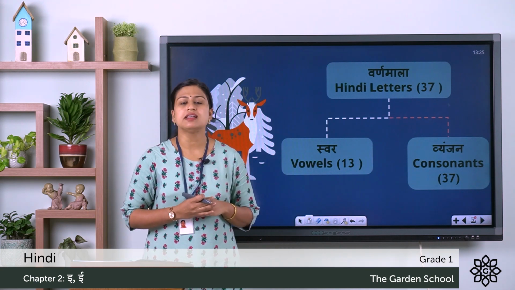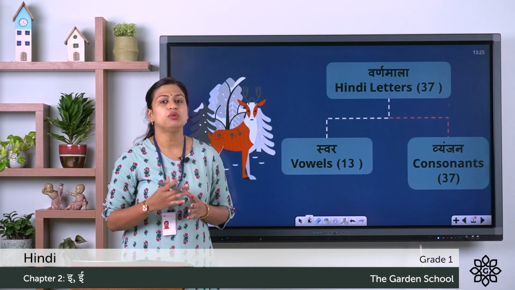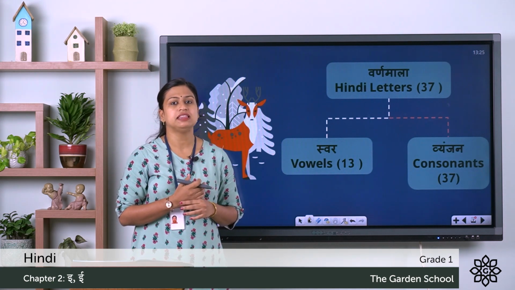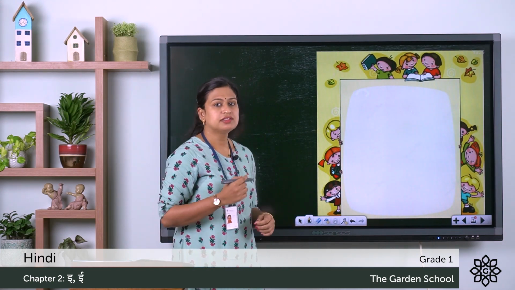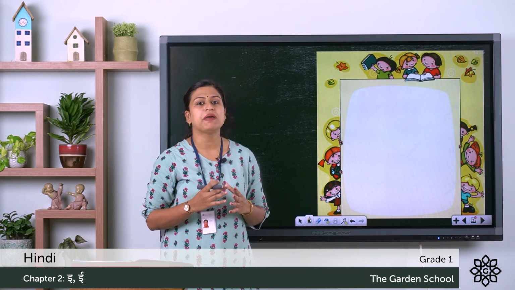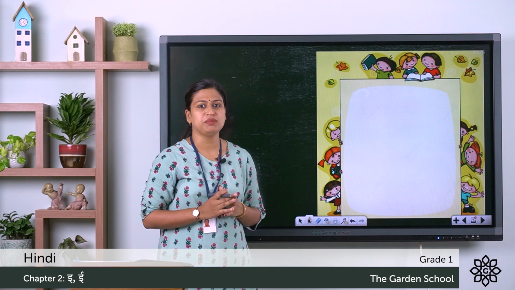In the previous class we discussed the first two Swarakshar. Can you tell which is the first Swarakshar in Hindi letters? Yes, it's letter A. Take your notebook and a pencil and write along with me.